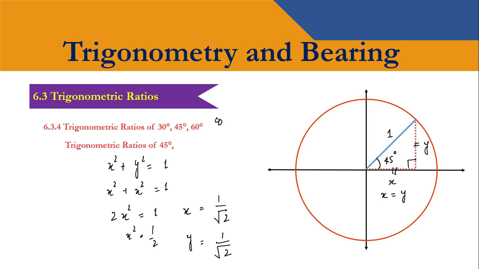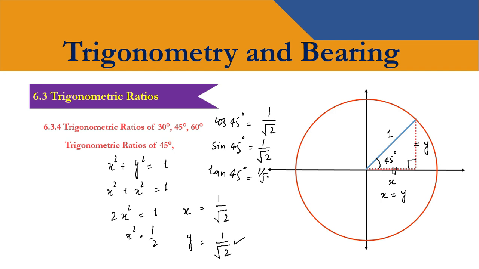We know that cos 45 degrees is equal to x, and the value of x is 1 over root 2. Similarly, sine 45 degrees is equal to y, and the value of y is 1 over root 2, and tan 45 degrees is equal to y divided by x.